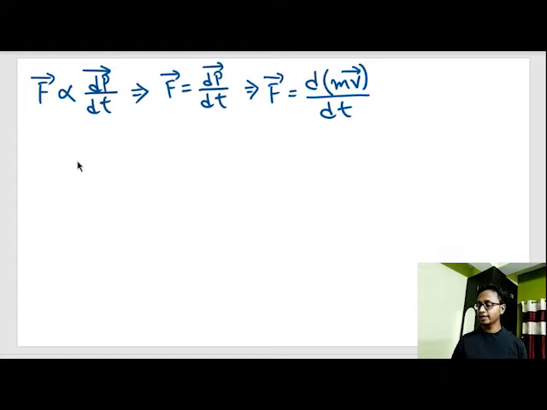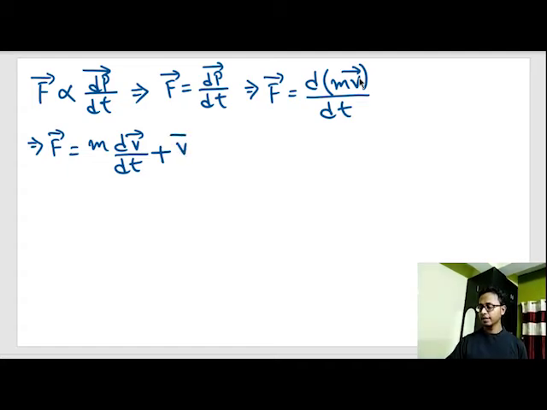We can write d(m into v) by dt as: you take the first variable, that means m, and differentiate the second variable, that means dv by dt, plus you take the second variable, which is v, and differentiate the first variable.